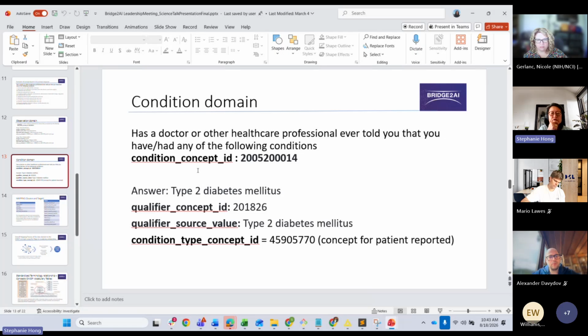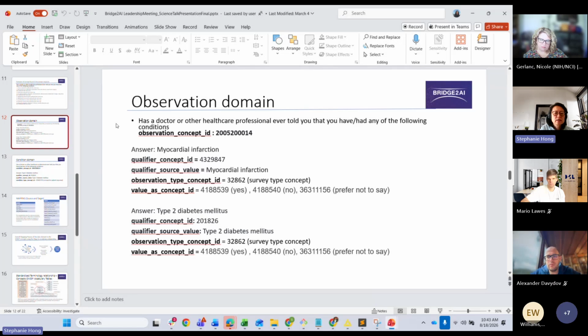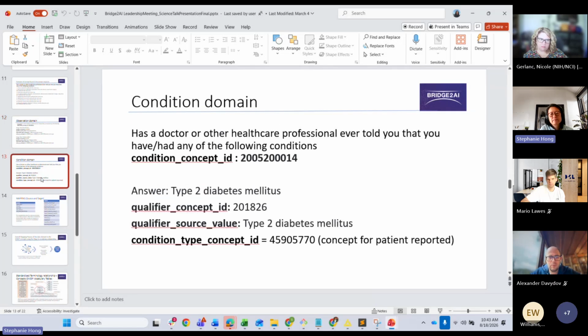So it's almost a dual map to a survey question that was asked. We put the actual survey question that was collected, either positive or negative response, in the observation domain. And then we also put it in the condition.